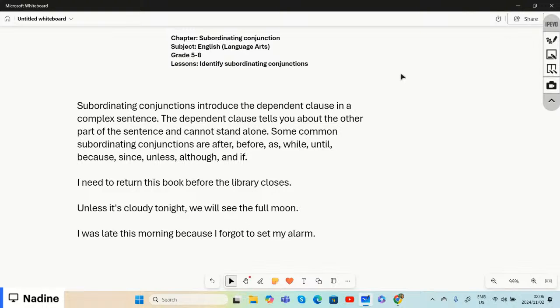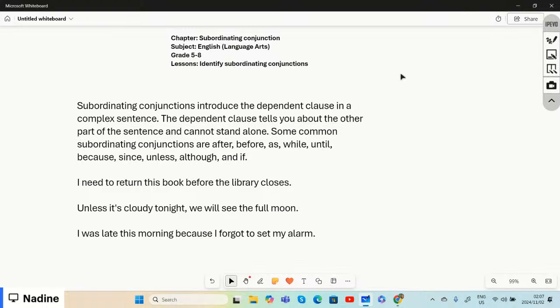So when it comes to subordinating conjunctions, they introduce the dependent clause within a complex sentence, right? Remember last time we did different types of sentences. We spoke about a simple sentence, a compound sentence, and a complex sentence. A simple sentence has a subject and a verb, and it expresses a complete thought.